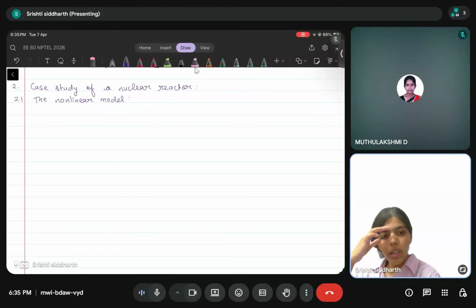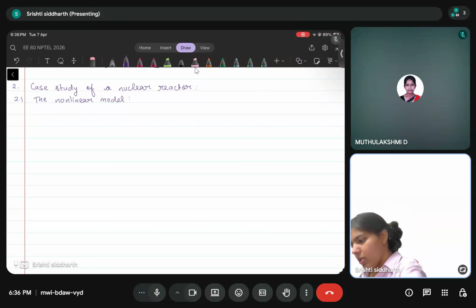So we covered the theory and the numerical examples for all the three cases: the non-linear model, the linearized model, and the linear output feedback control. All right, so let's begin with the quick definition.